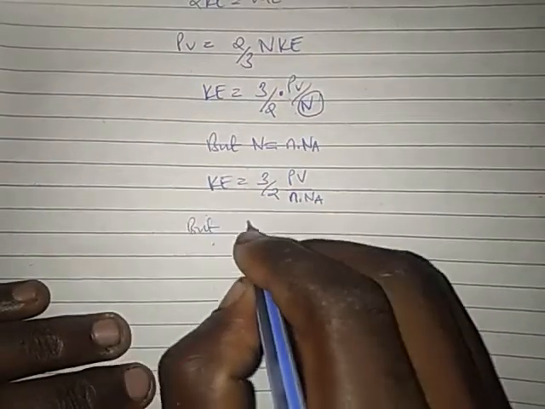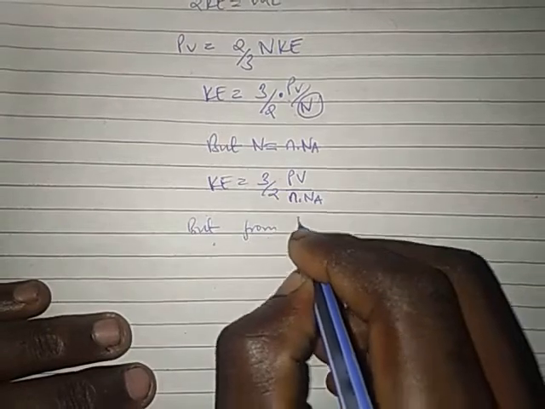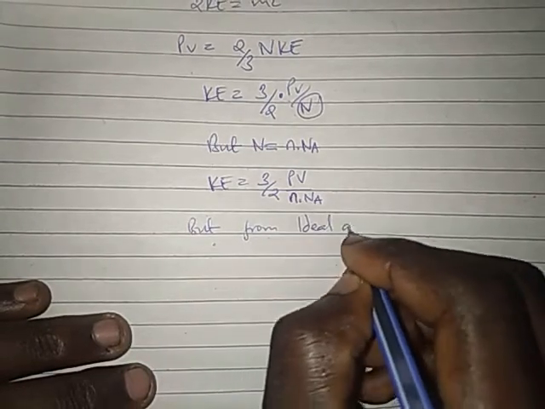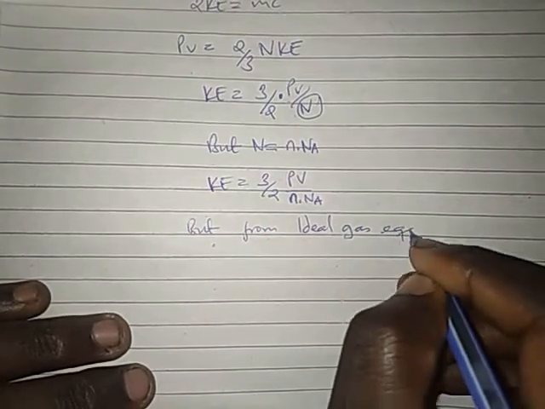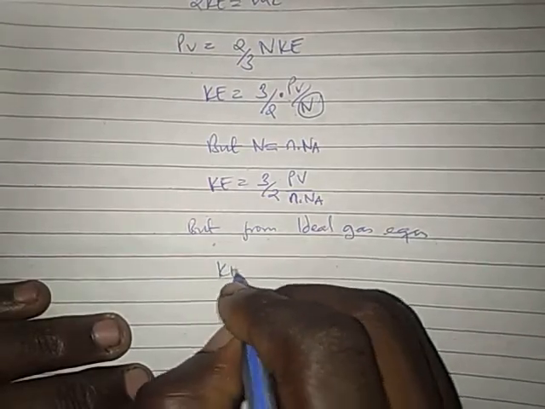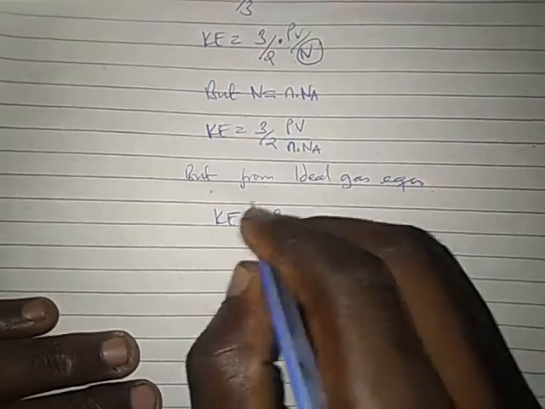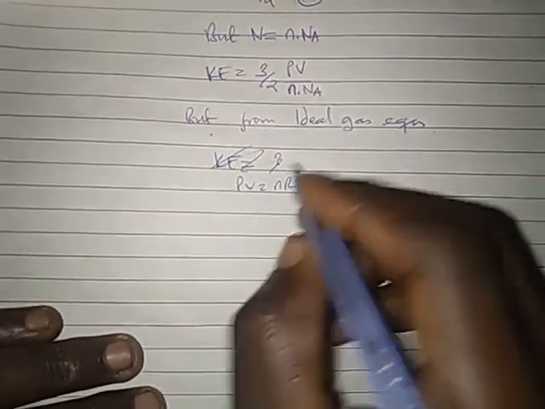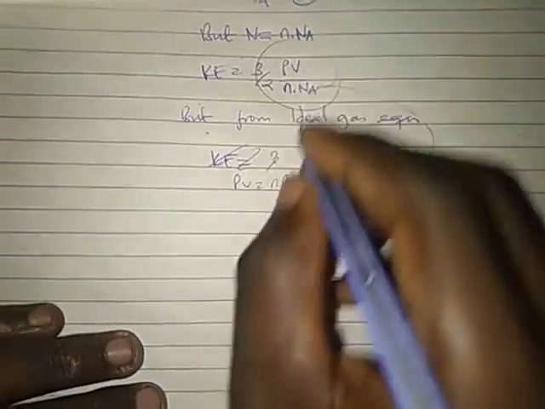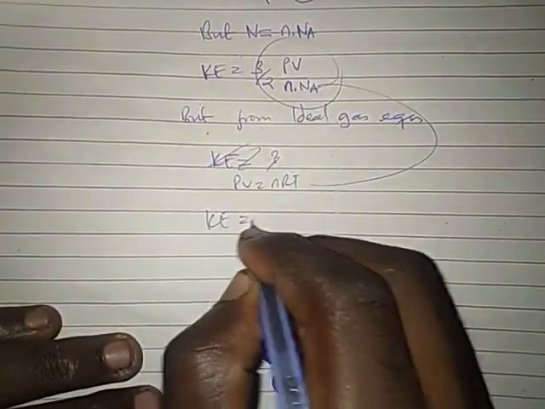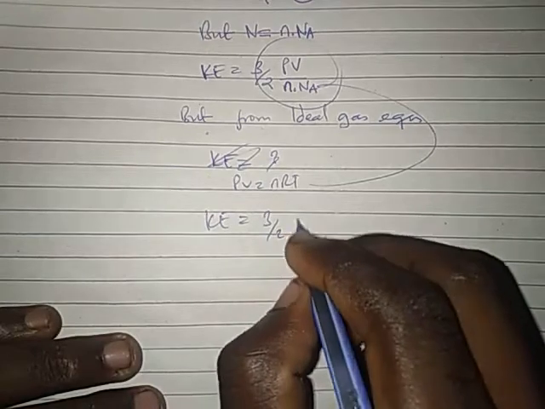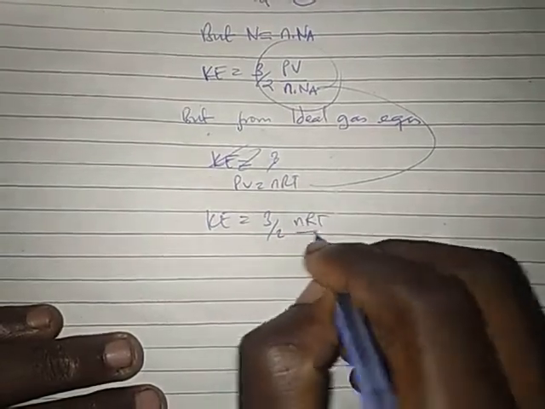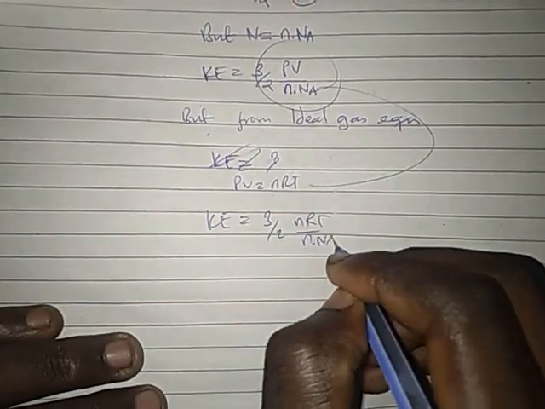But from the ideal gas equation, PV is equal to nRT. So substitute it there, and you get kinetic energy equal to 3/2 then nRT divided by Na.